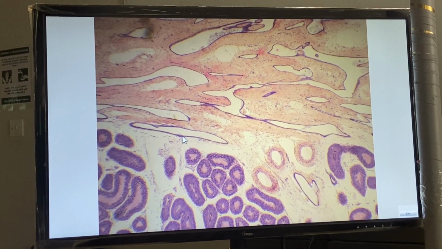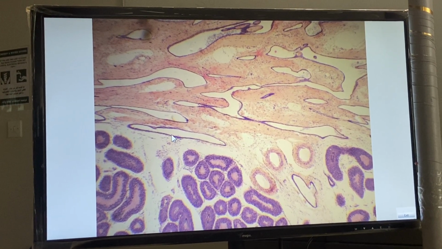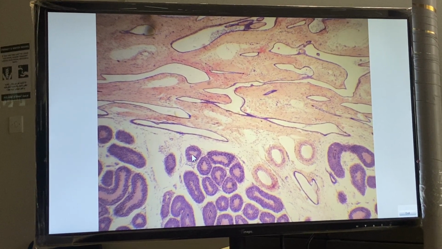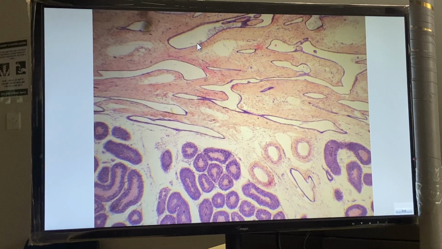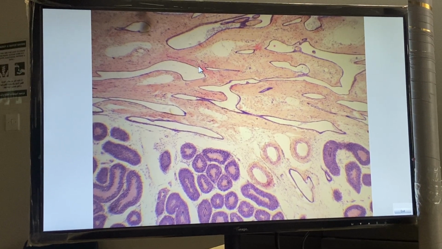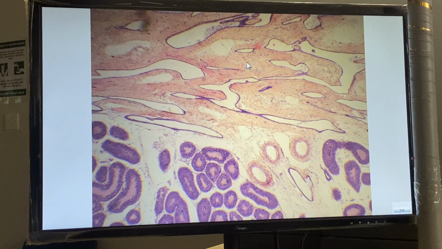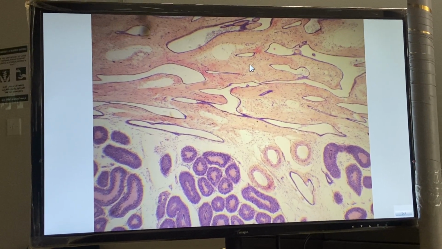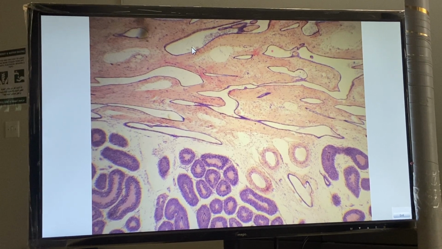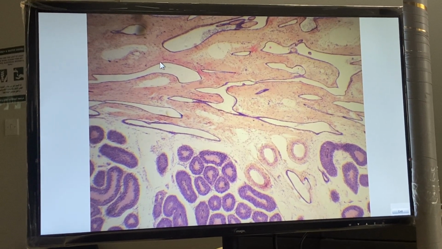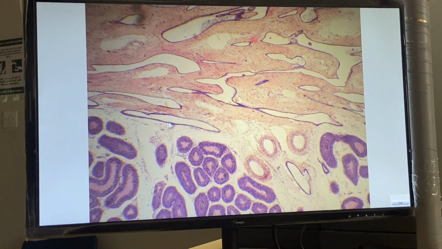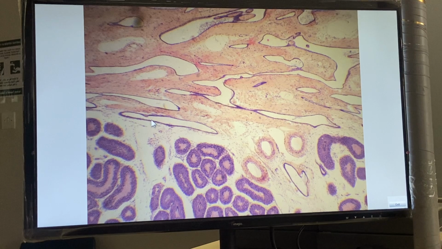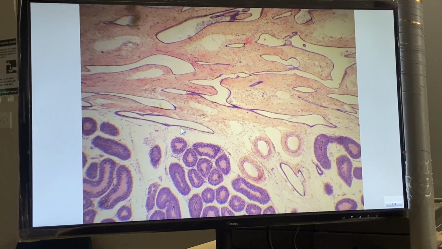Straight segment lined with simple cuboidal epithelium. Sometimes only Sertoli cells connect seminiferous tubules with rete testis. And this is the mediastinum testis, connective tissue layer. Rete testis lined with simple cuboidal epithelium. Straight segment, initial portion lined with only Sertoli cells.